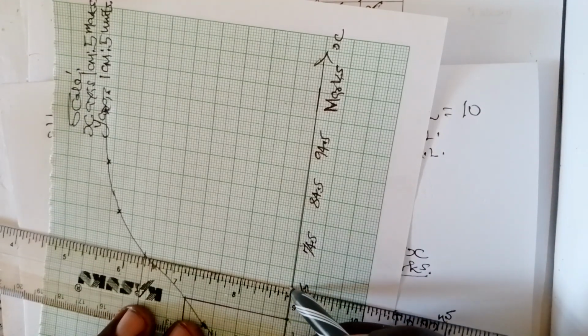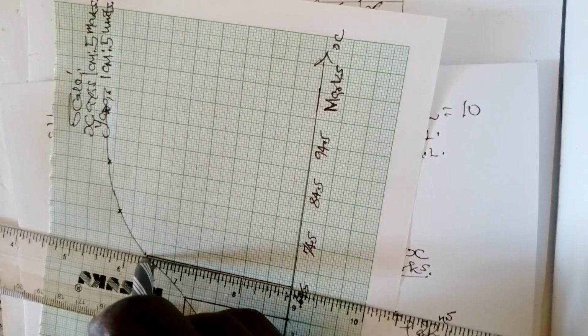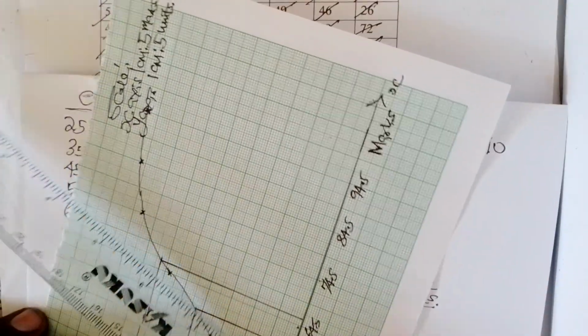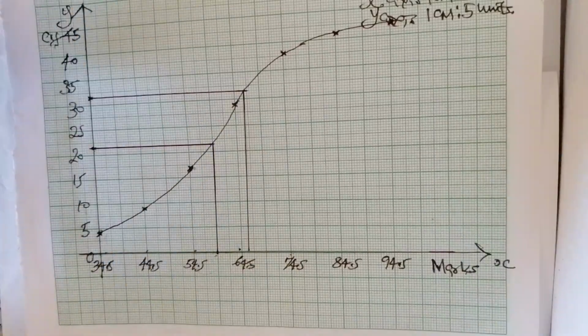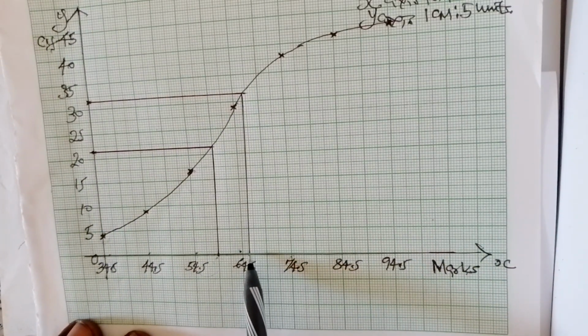Drop a perpendicular to the x-axis like that. And we now read off the value at the x-axis.